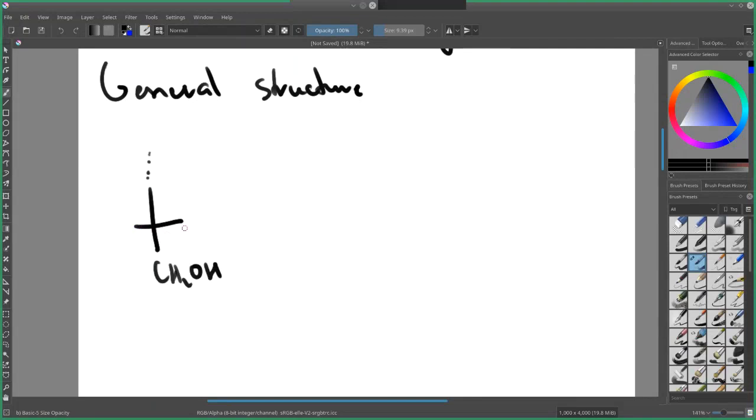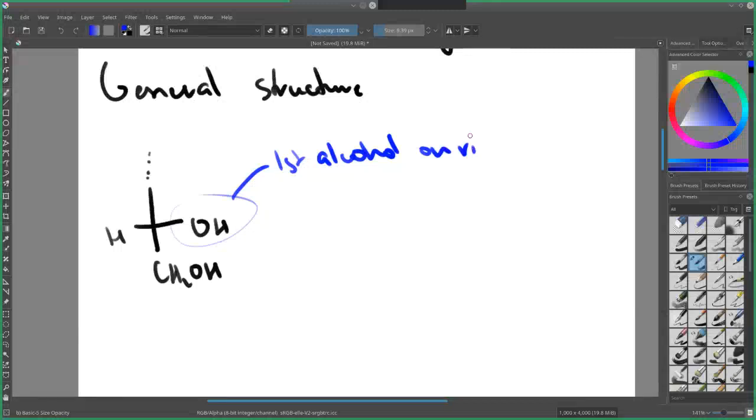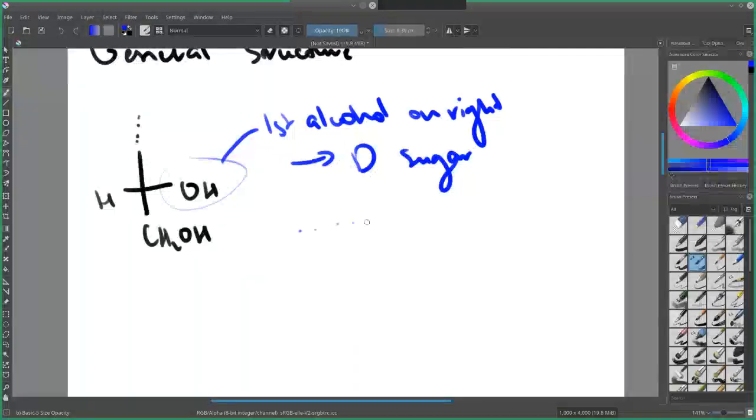And the alcohol right above it, if it's on the right, let's see, maybe I'll use a different color. So if the first alcohol is on the right, then this is a D sugar. Okay. If it's on the left, then this is an L sugar.